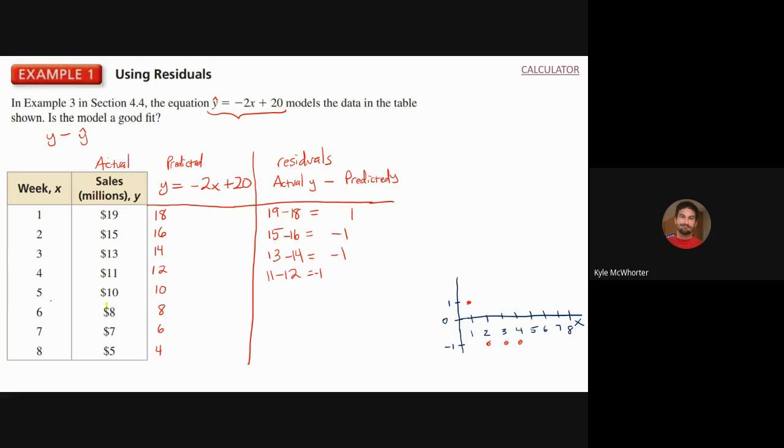When x is 5, we're doing 10 minus 10, 0. So when x is 5, we have a 0 residual. When x is 6, 8 minus 8 is 0. So when x is 6, we have another 0 residual.